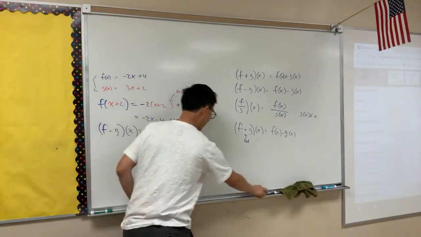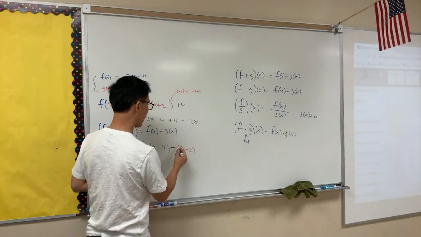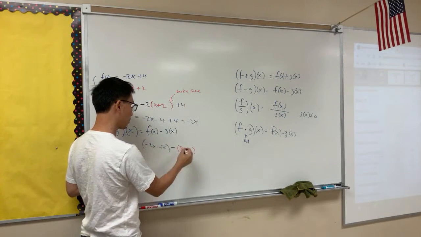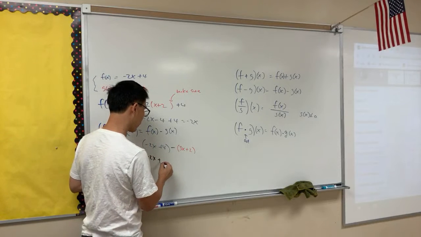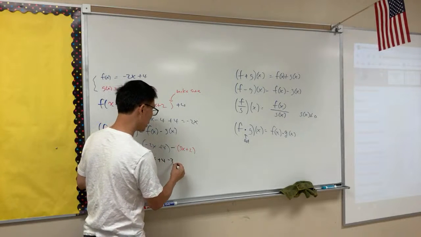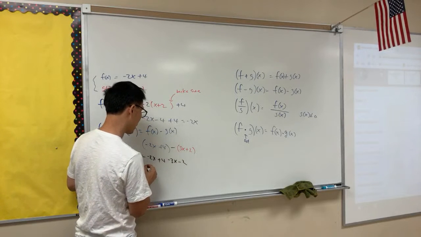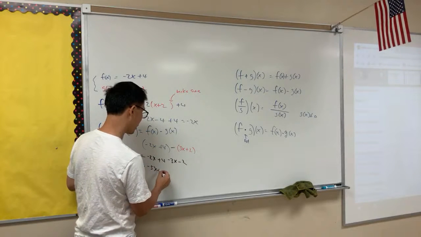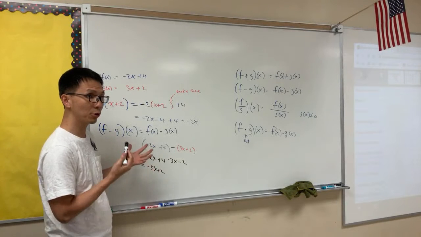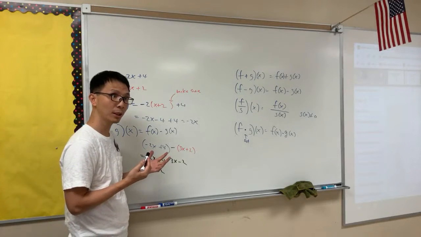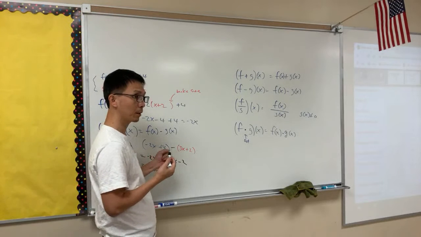And the middle part is negative. So I'm just subtracting those two, so it's going to be negative 2x plus 4, and I break down the parentheses, negative 3x minus 2. So that's equal to negative 5x plus 2. Any question about this part? This is really super easy. Okay? That make sense?